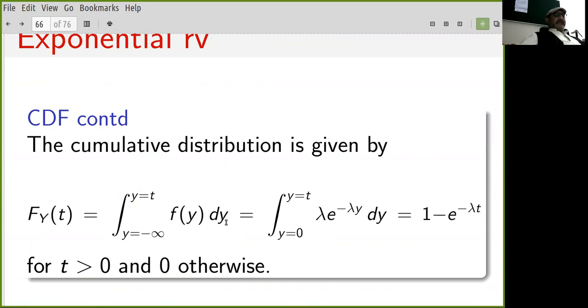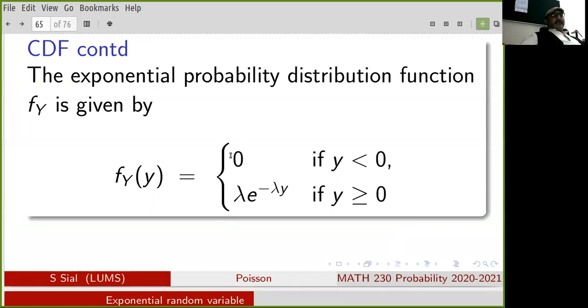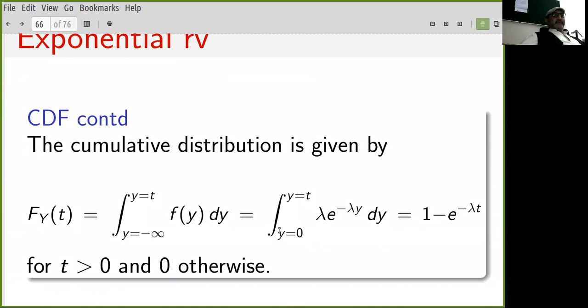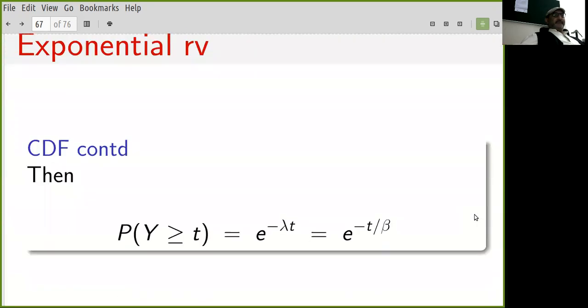Now that's the CDF by definition. Now you don't need to integrate over an interval where everything is 0. So we're going to integrate from y equals 0 to y equals t, lambda e to the negative lambda y dy, and that will be equal to 1 minus e to the negative lambda t, or since lambda is equal to 1 over beta, 1 minus e to the negative t over beta.